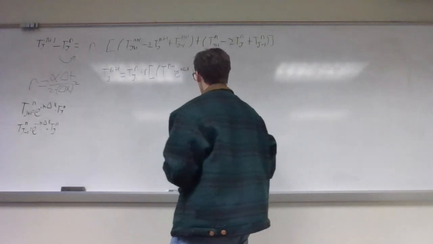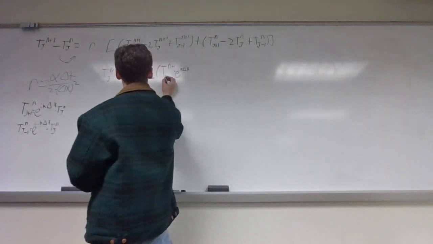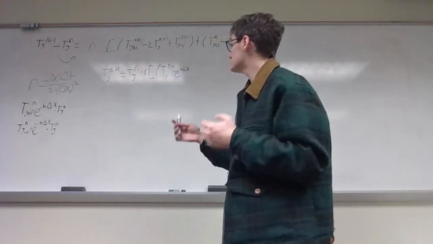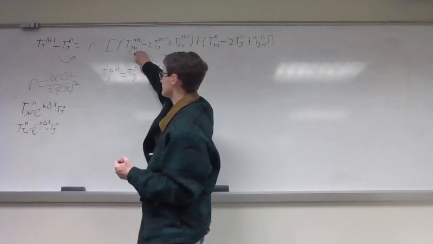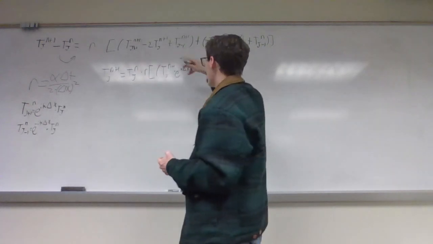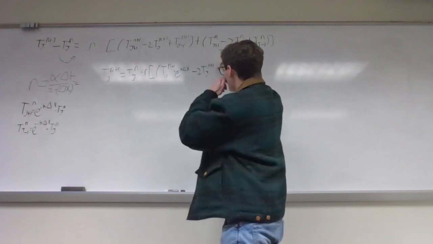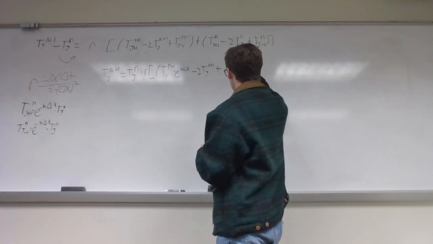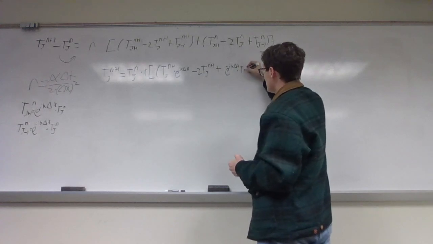What we're doing is replacing everything with either T_j^{n+1} or T_j^n, depending on what n value it is. We're just rewriting this value without terms of j plus 1 or j minus 1. Minus 2T_j^{n+1} plus, let's see, it's going to be e to the negative i k delta x times T_j^{n+1}.